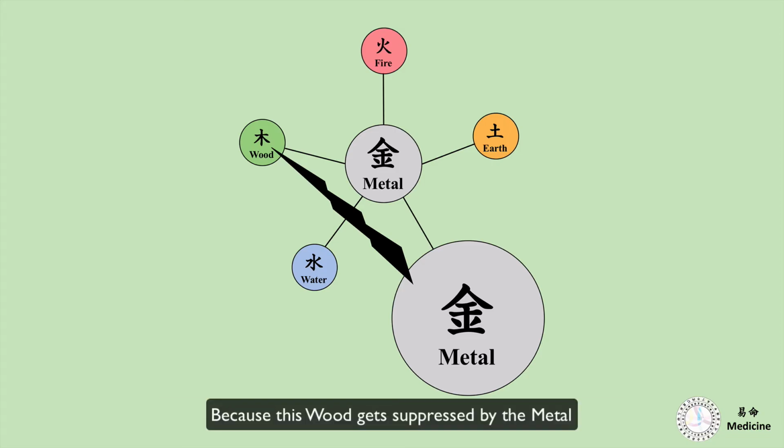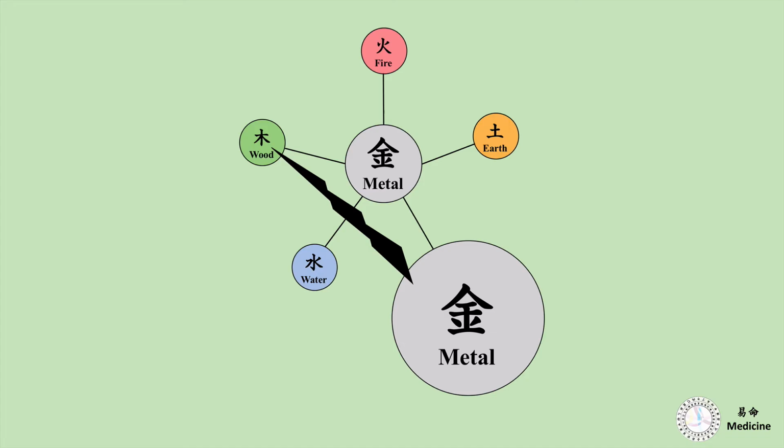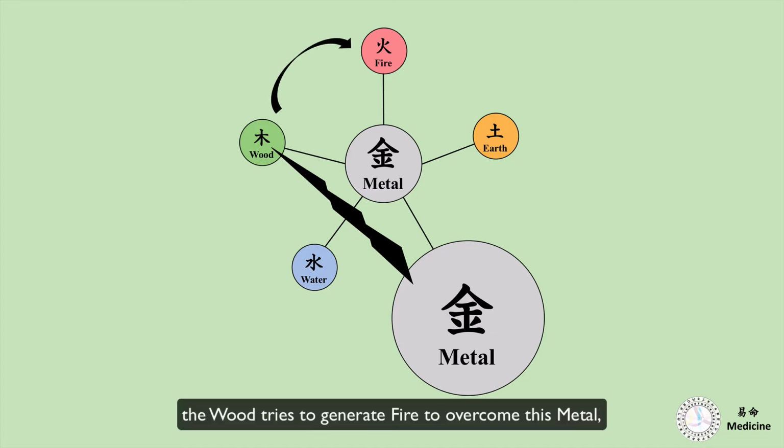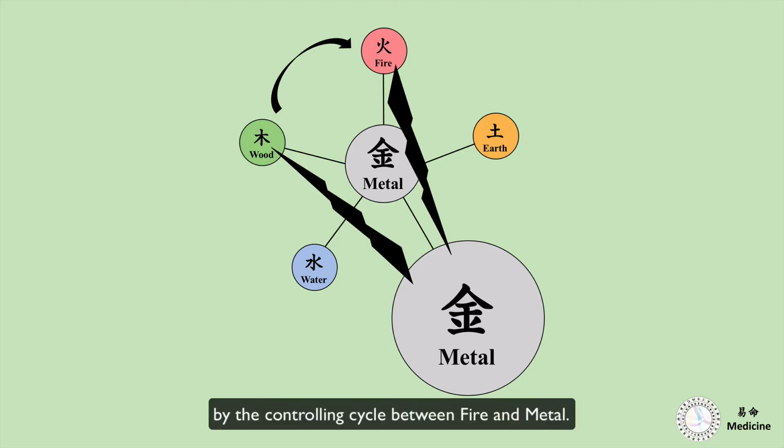And because this wood gets suppressed by metal, the wood tries to generate fire to overcome this metal by the controlling cycle between fire and metal. However, you can see the strength of this small fire is not enough to control this big metal.